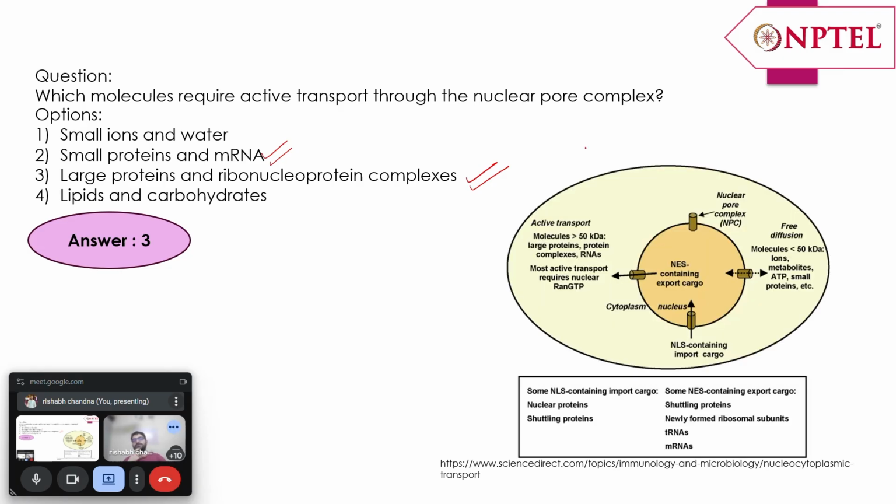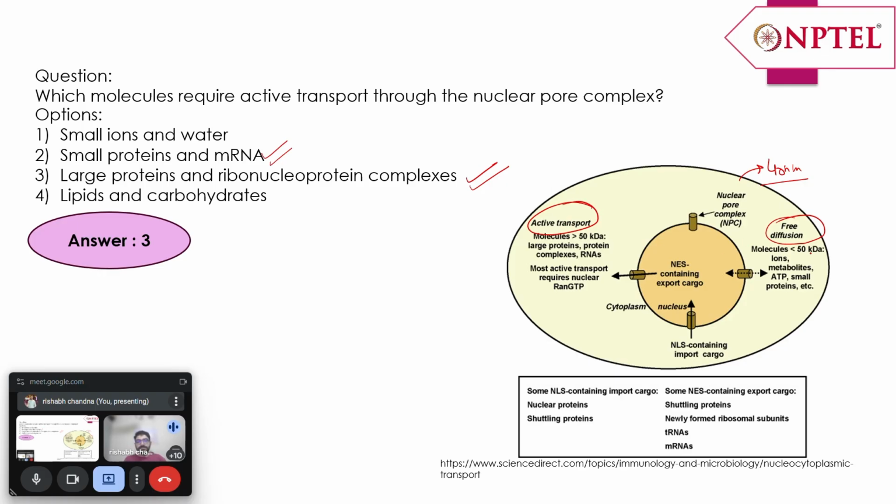Okay. So this is a nuclear pore complex, and as I said, the proteins that have a size of less than 40 nanometer can pass through the nuclear pore complex. But there are two types of transport that take place through the nuclear pore complex. First is free diffusion, and the second one is active transport. So there is a cutoff.